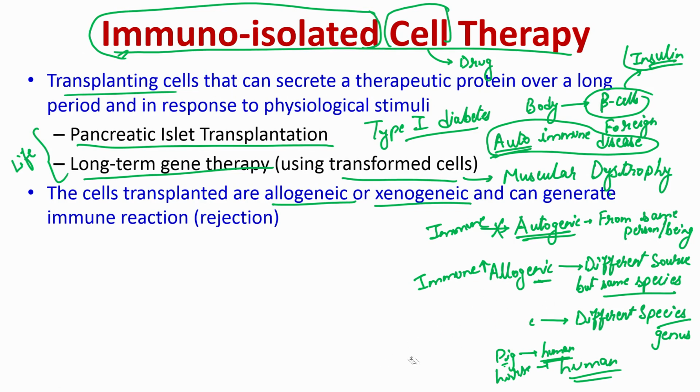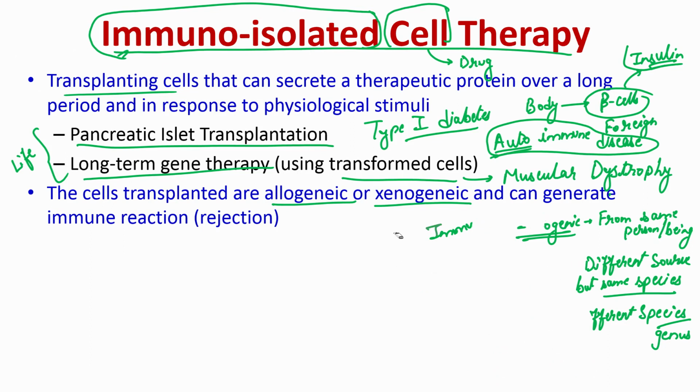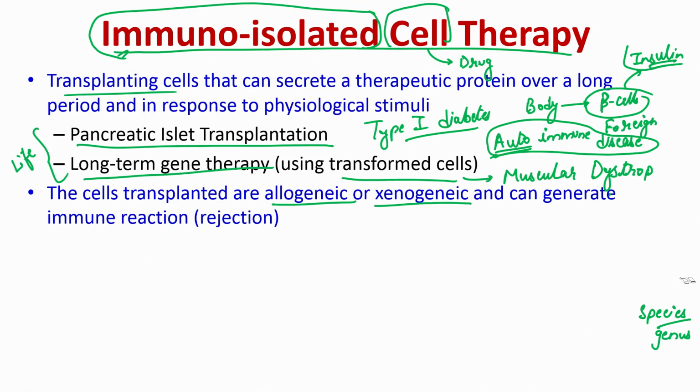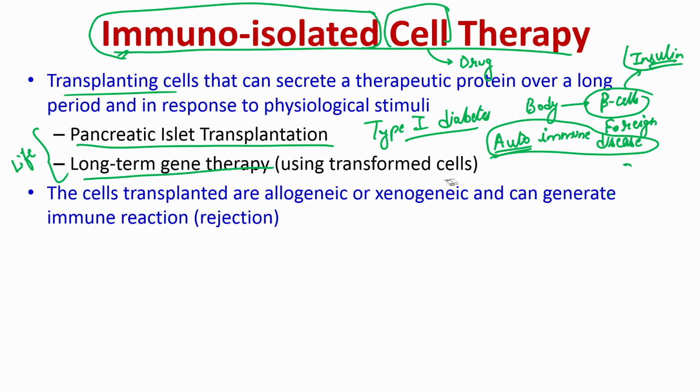So, anytime you are doing immunoisolated therapy, you have to think about all these terms and factors, and in most cases you will find that the patient may not have any source of these cells themselves. So, most of the time you will have to rely on allogenic and xenogenic sources.